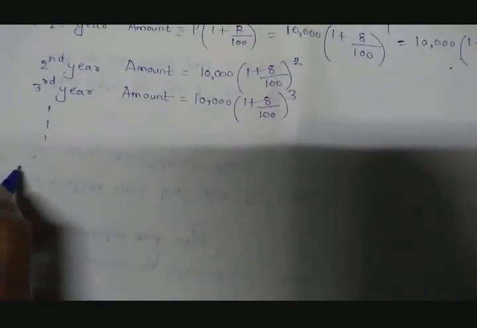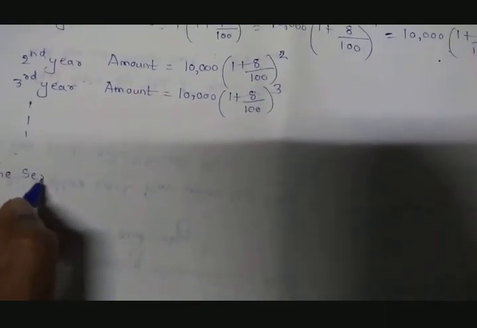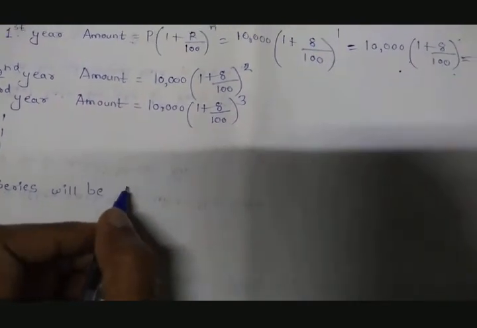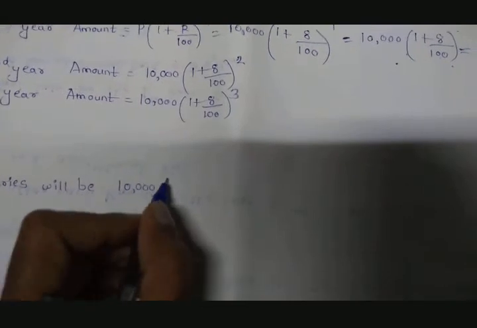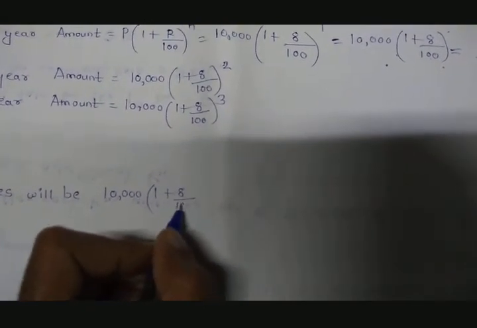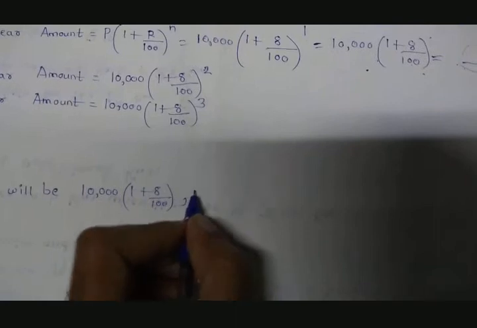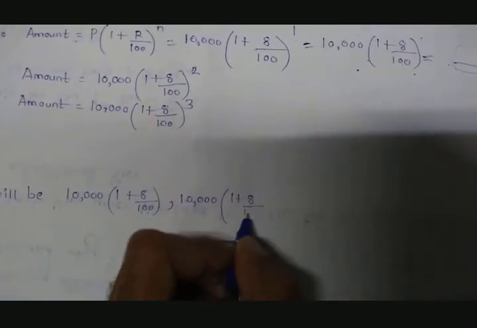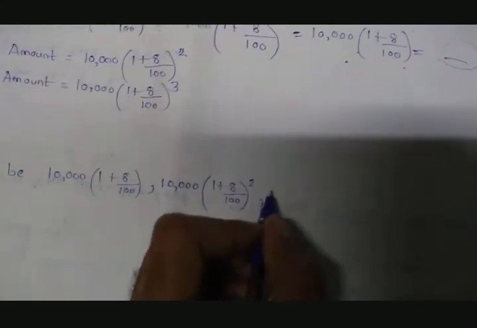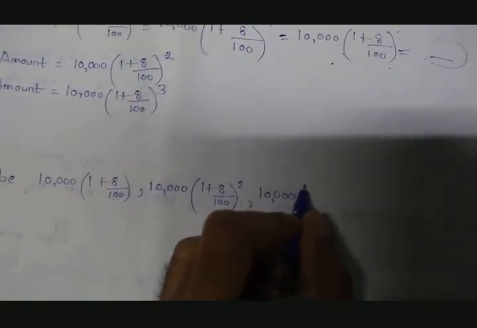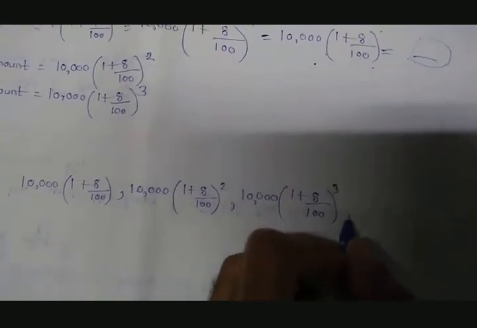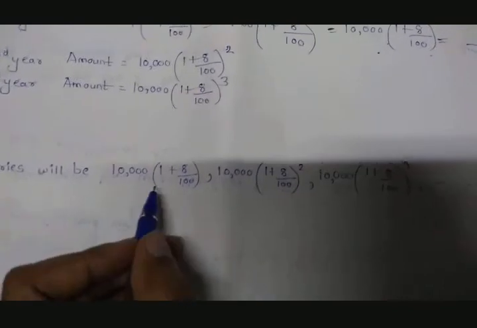So the series will be 10,000 into 1 plus 8 divided by 100, comma, 10,000 into 1 plus 8 divided by 100 whole square, comma, 10,000 into 1 plus 8 divided by 100 whole cube, comma, and so on. So obviously it is increasing year by year, right?